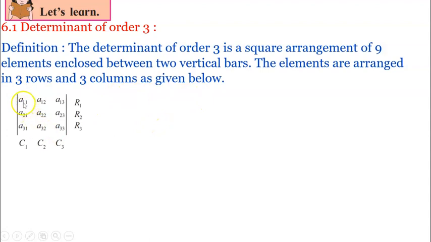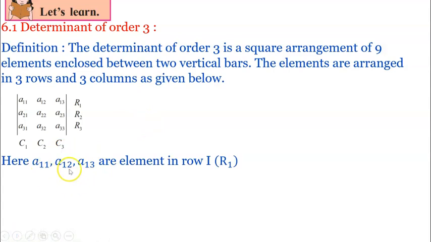Now see this here. A11, A12, A13, this is the first row. A21, A22, A23, this is the second row. A31, A32, A33, this is the third row. And the column A11, A21, A31 is the first column. This is the second and this is the third column.